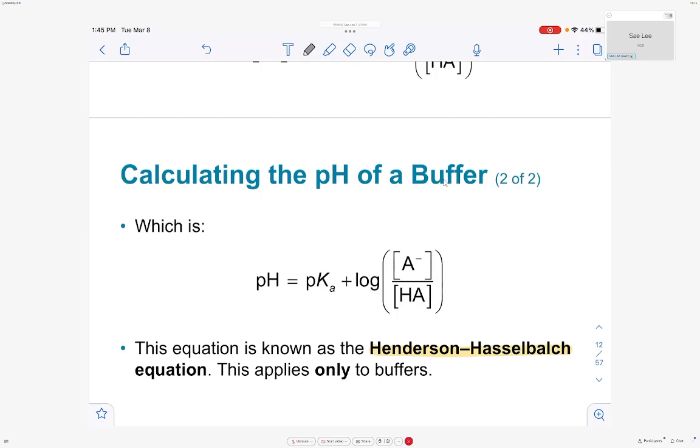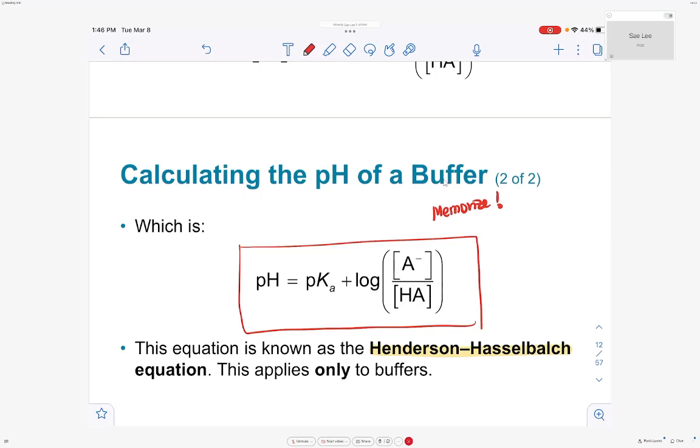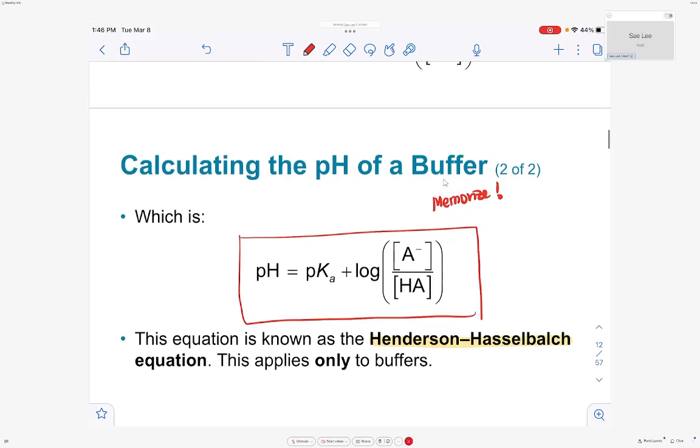You have to memorize this equation. So when we want to find pH of a buffer solution, we use Henderson-Hasselbalch equation. This equation only applies to buffer solution.